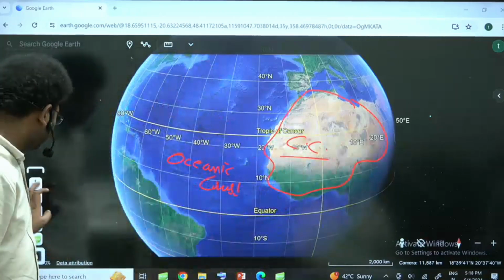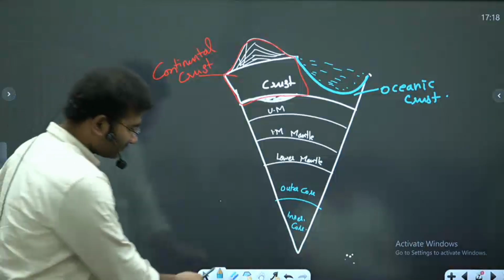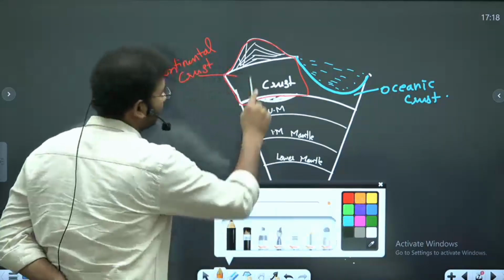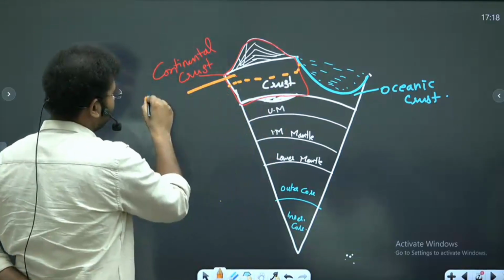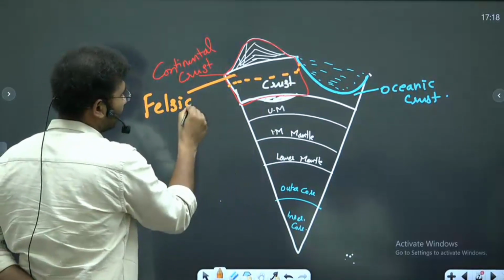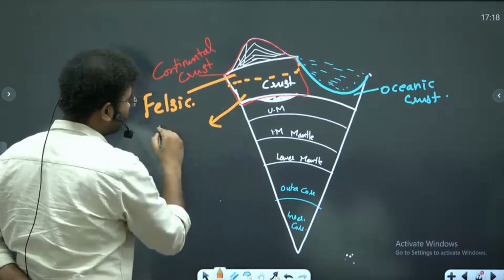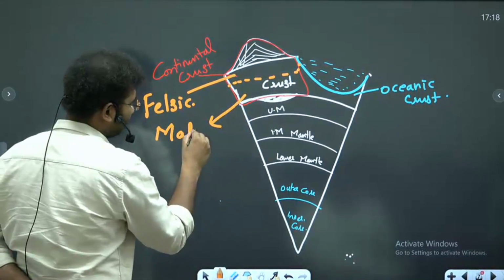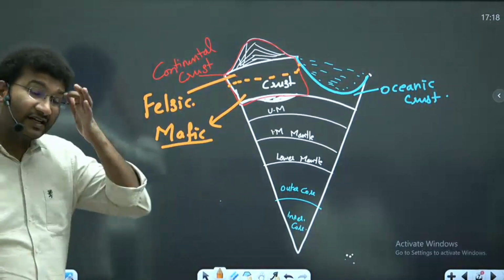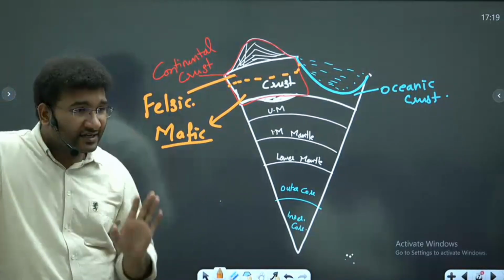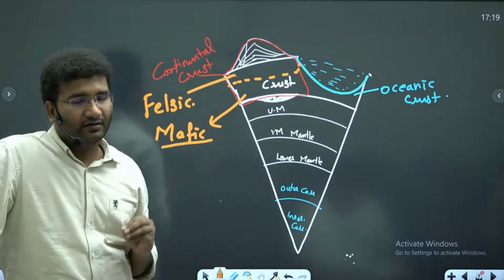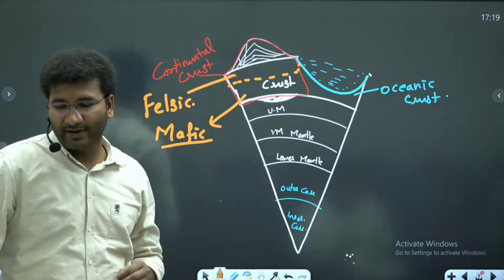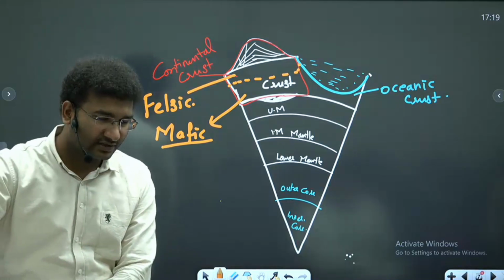Now, further, if you look into the upper part of the crust, this upper part is called felsic. The lower part is called mafic. Felsic content will be a little less dense and mafic content will be more dense. Okay? Felsic content is less dense and mafic content is more dense.